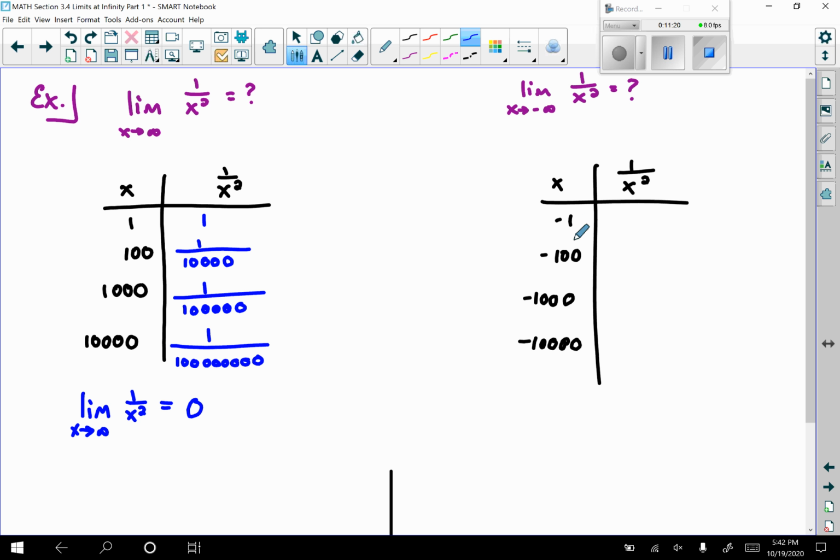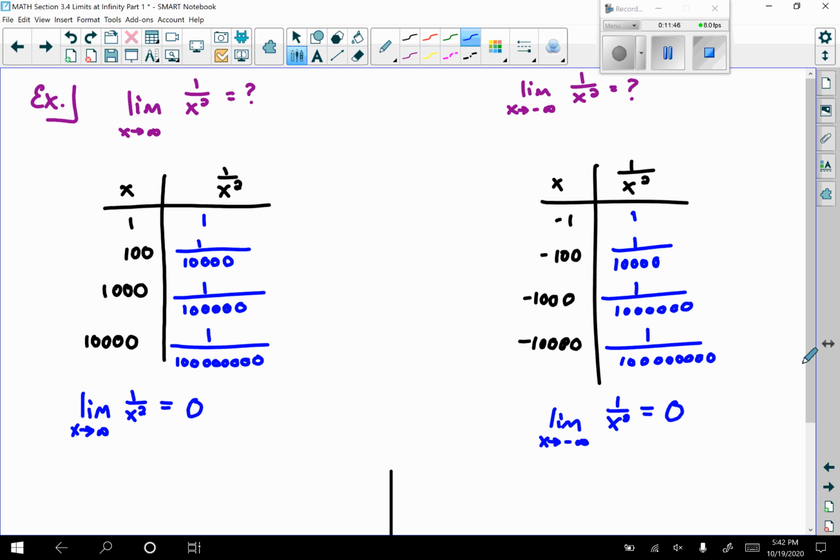So if I have -1, -100, -1,000, -10,000, I'm still going to get a positive 1. I'm going to get 1 over 10,000 because -100 squared is still positive. I'm going to get 1 over 1,000,000, and 1 over 100 million. So this limit is the same. As x keeps decreasing without bound, 1 over x squared is still going to equal 0.